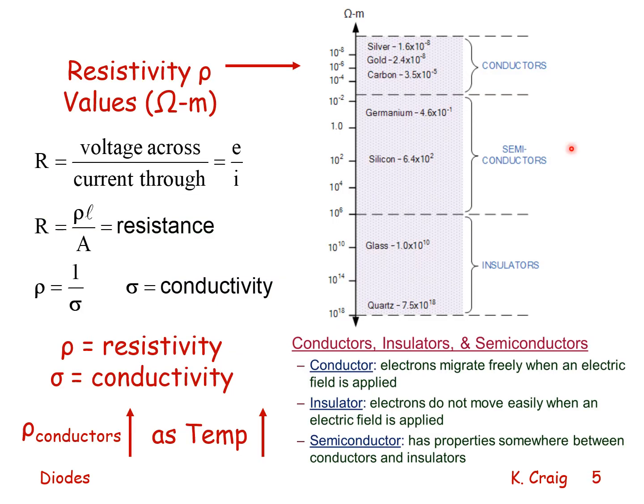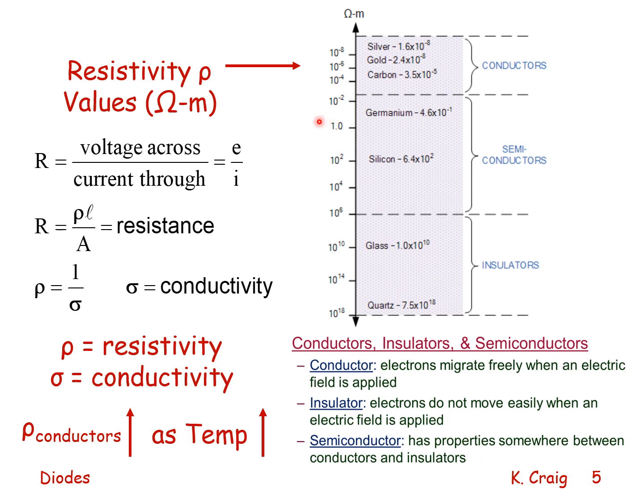Here is a table showing the resistivity of conductors, semiconductors, and insulators. In a conductor, electrons migrate freely when an electric field is applied. In an insulator, electrons do not move easily when an electric field is applied. And a semiconductor has properties somewhere between conductors and insulators.